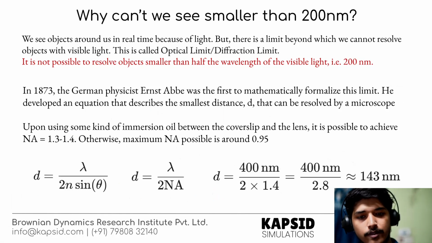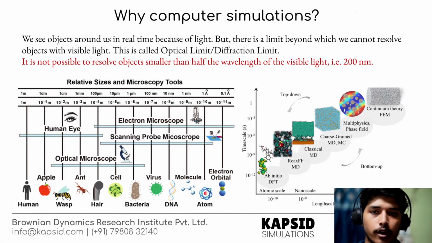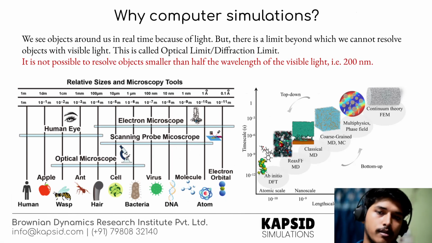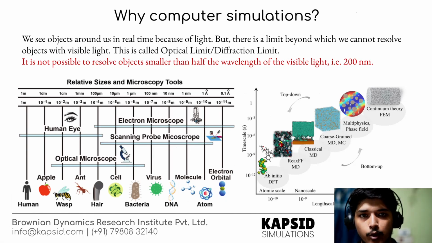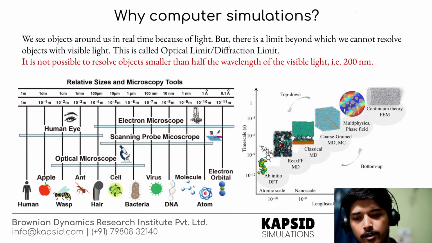But that's one thing. Now coming back to our original question: what do we do if we have an object that is smaller than that 143 nanometers? Back in like 100 years ago, there was not much of an answer. People in those days started coding, right?